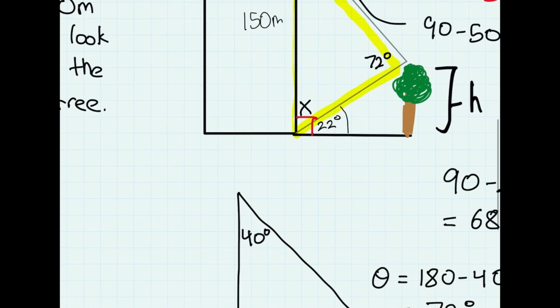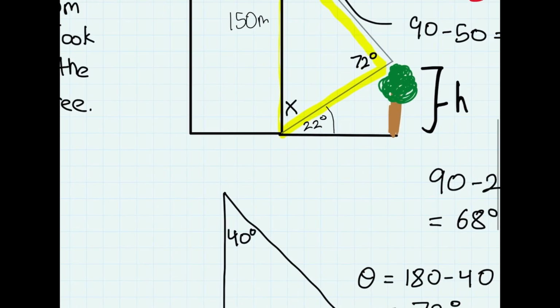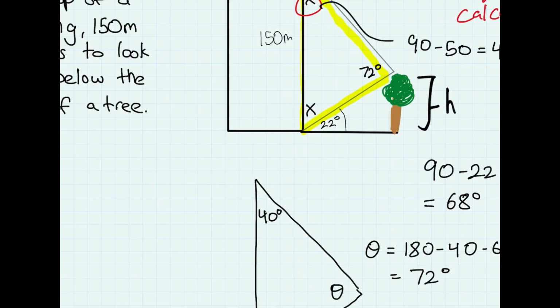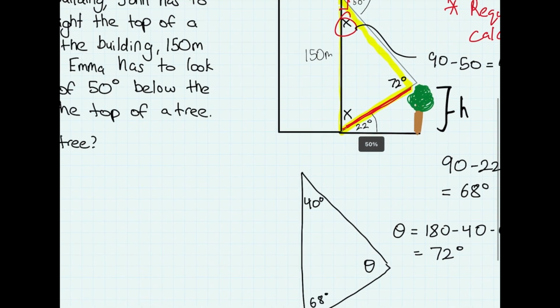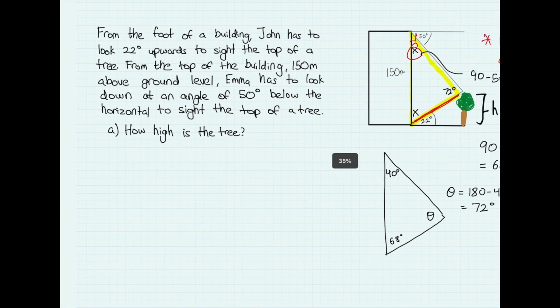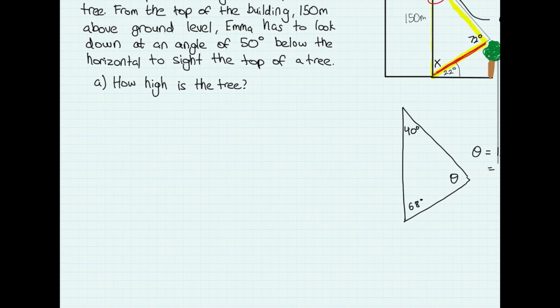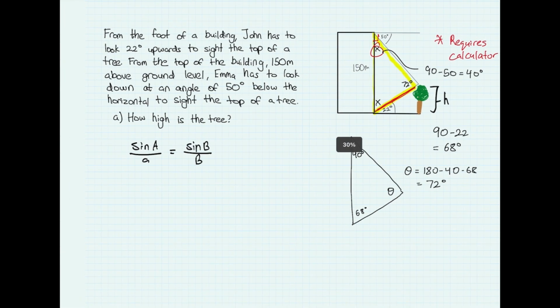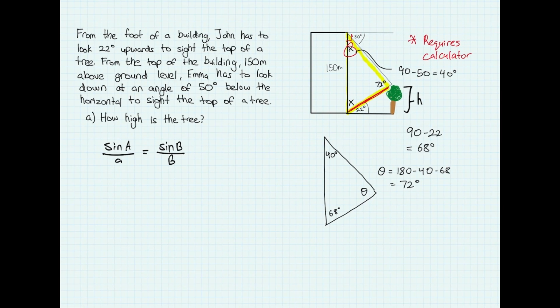Now, to find the height, we can begin by finding this length right here, highlighted in red. And to do that, we will use sine law. So sine law states that sine A divided by A is equal to sine B divided by B. Let's say sine A is the 40-degree angle.